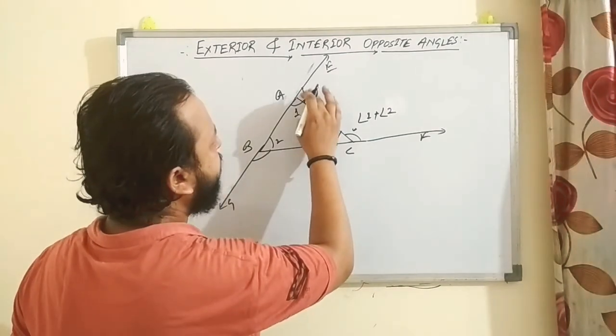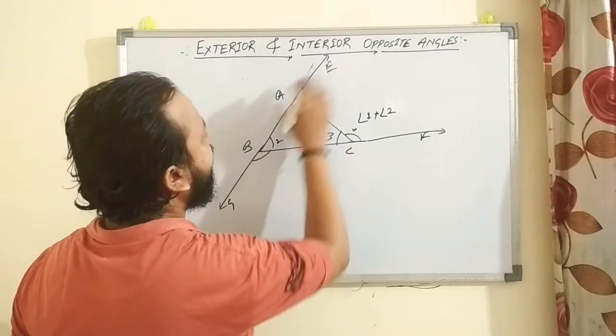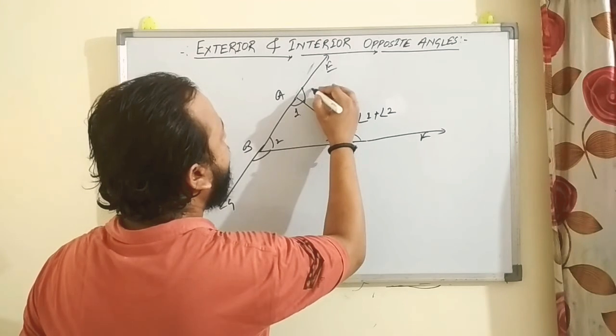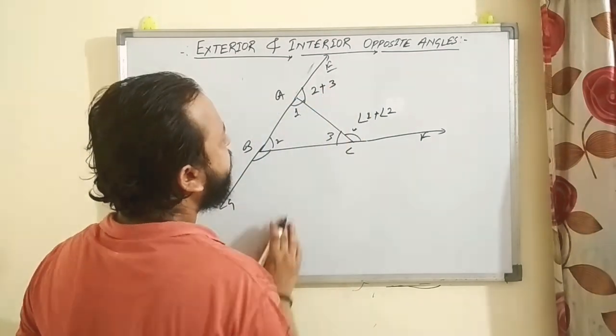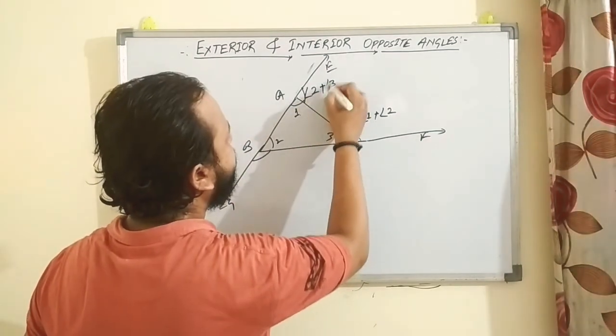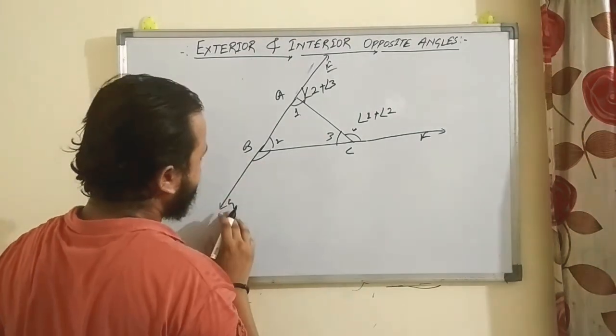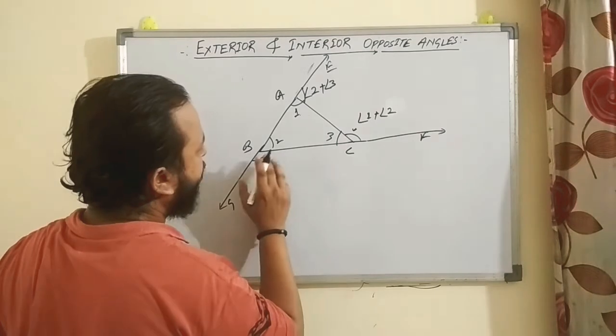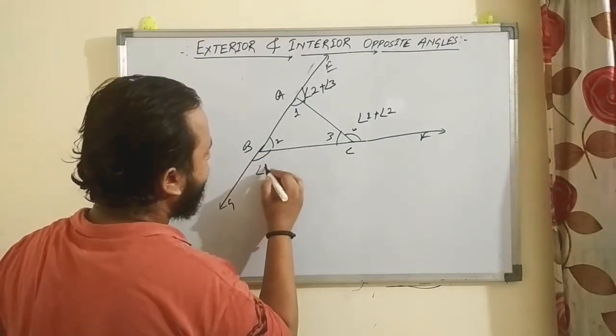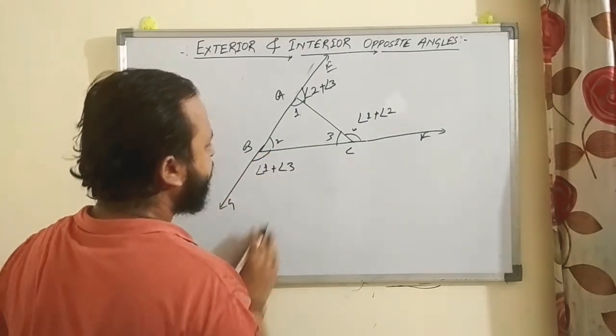The value of this angle CAE is angle 2 plus angle 3, right? And the value of this CBG, right? The value of this is angle 1 plus angle 3.